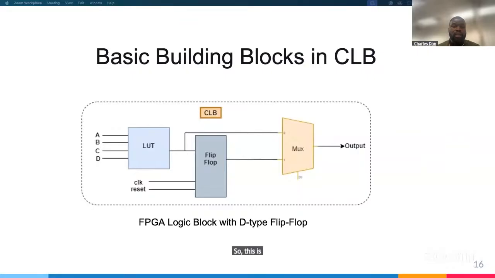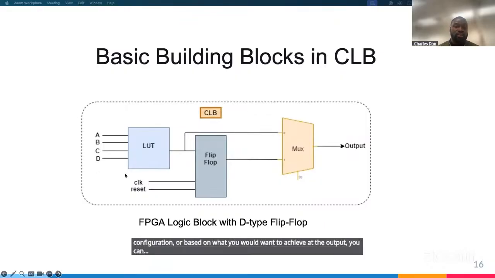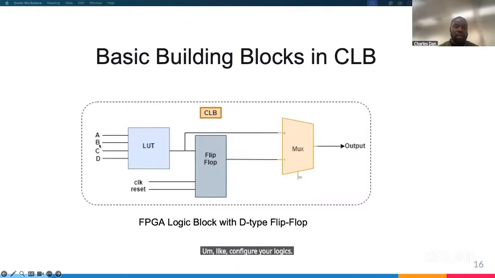So this is the actual basic block of a CLB. As I mentioned, it has a four-input lookup table. Based on what you would want to achieve at the output, you can configure your logic at the input.